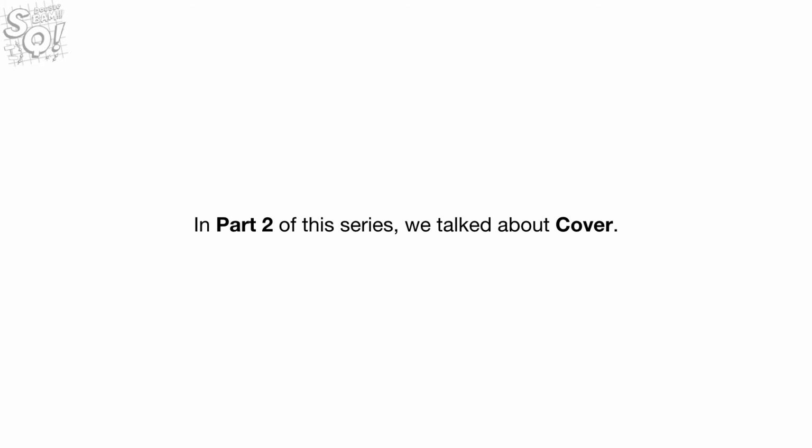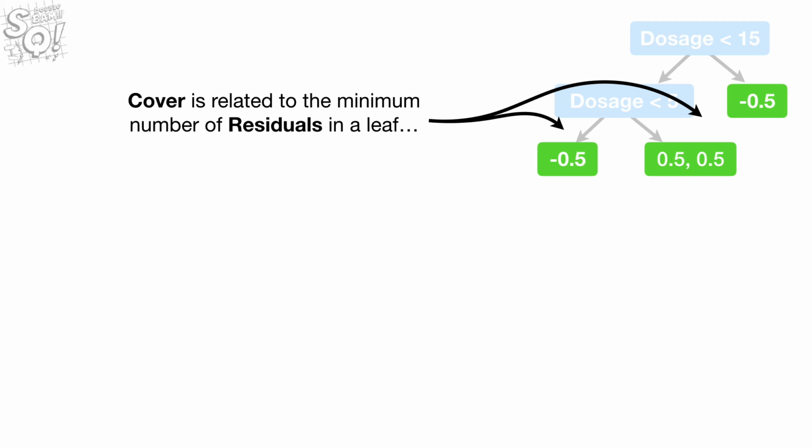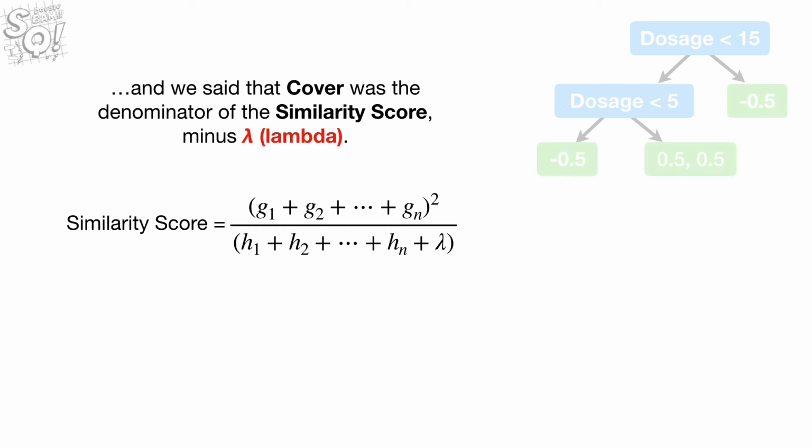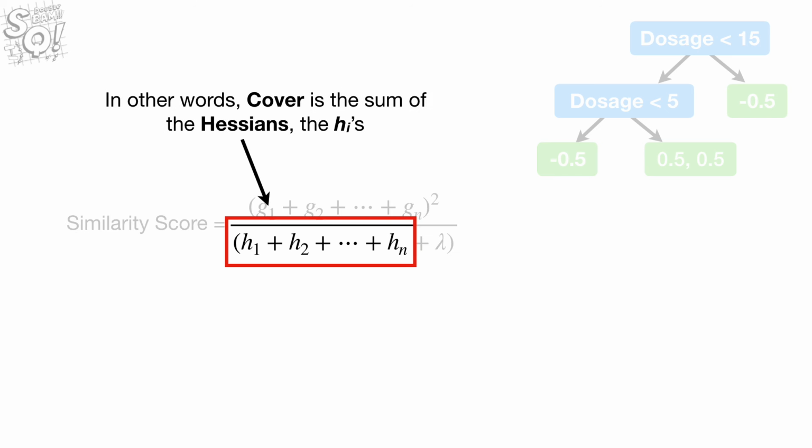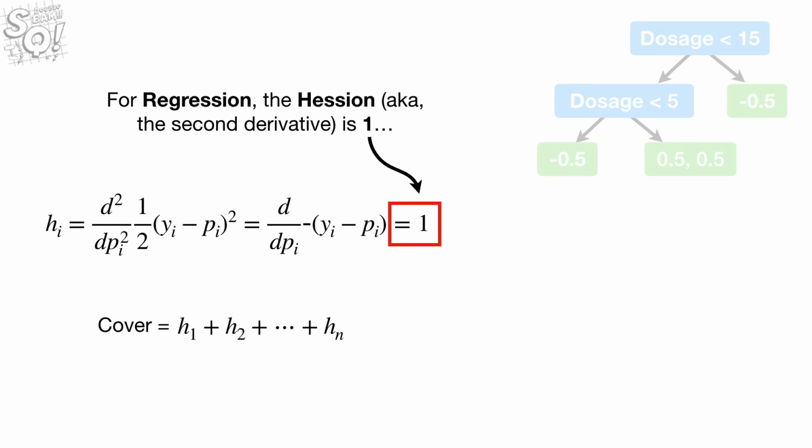Now for one little annoying detail. In part 2 of this series, we talked about cover. Cover is related to the minimum number of residuals in a leaf. And we said that cover was the denominator of the similarity score minus lambda. In other words, cover is the sum of the Hessians, the h sub i's. For regression, the Hessian, aka the second derivative of the loss function, is 1.